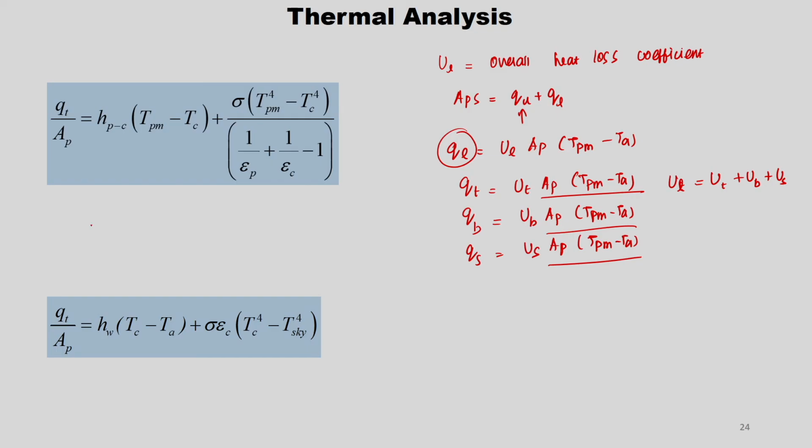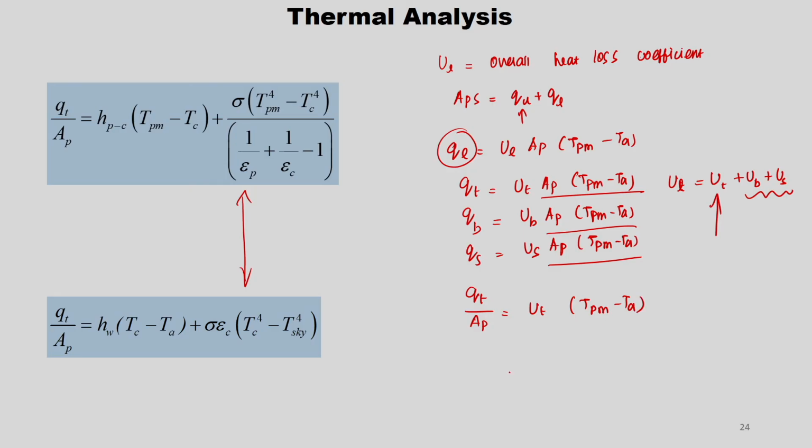So, here if you see these two equations, it is basically QT upon AP. This is to calculate the top loss coefficient. Bottom loss and side loss we will see in successive slides. So, how to calculate UT? If you combine, QT upon AP is nothing but UT into (TPM minus TA).